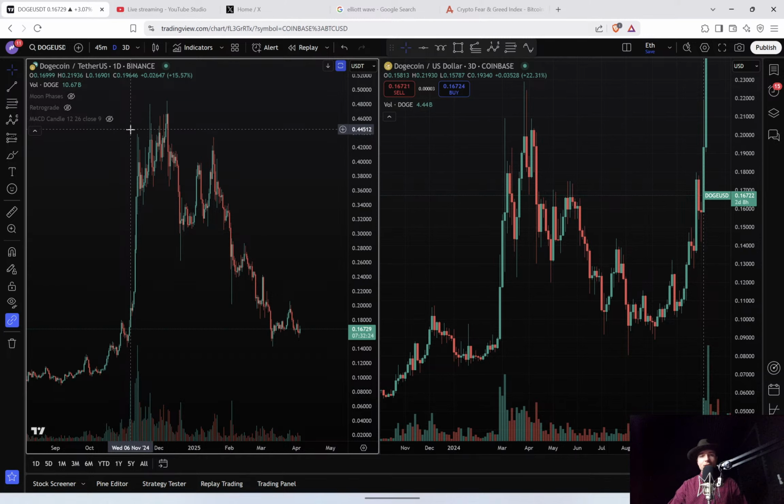It crashed, because it was already priced in. The people that knew the ETF was going to get approved had been buying months and months ago, and they had already pumped the market. Then when everybody else was excited and ready for it to moon, what did it do? It crashed. The market didn't pump, it crashed.